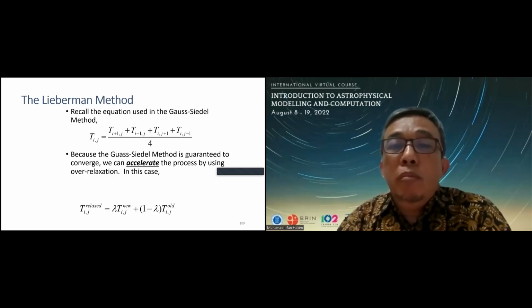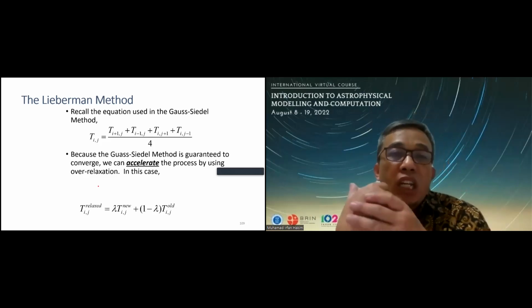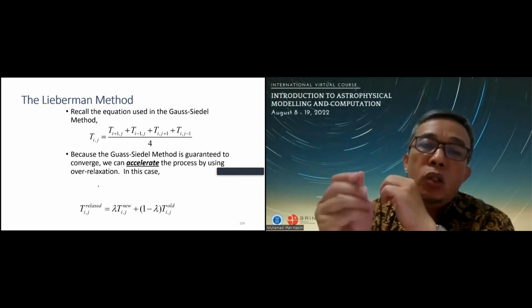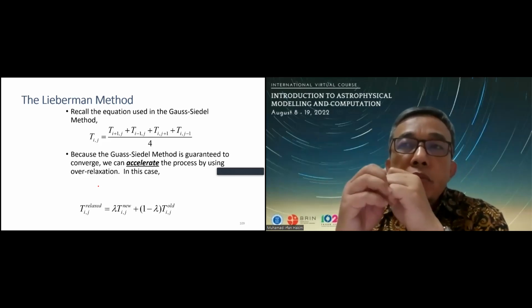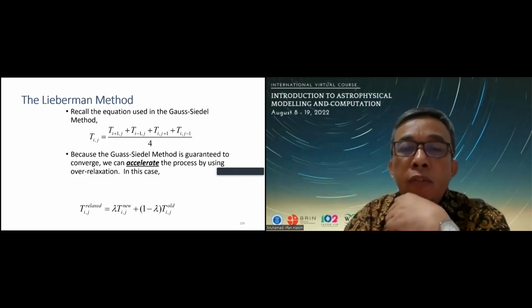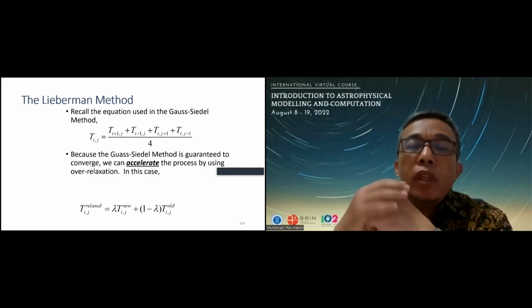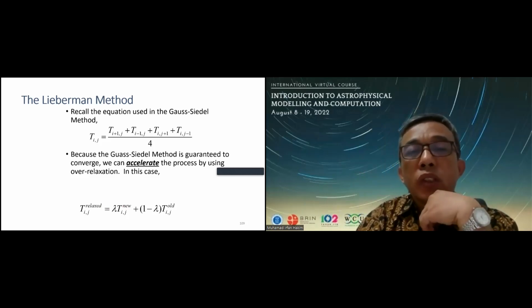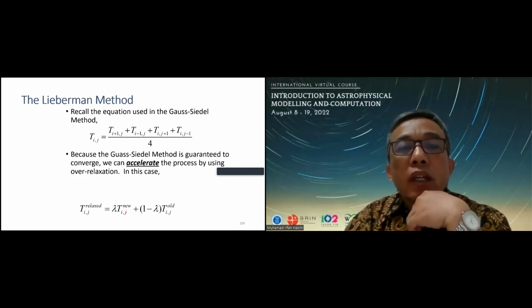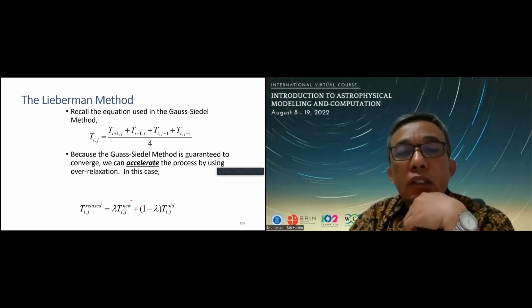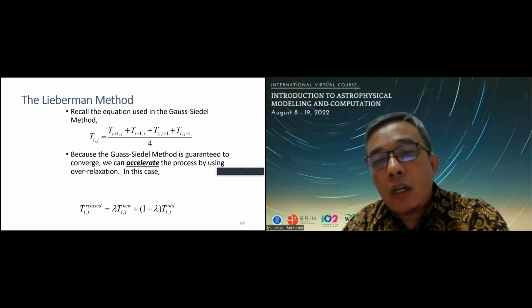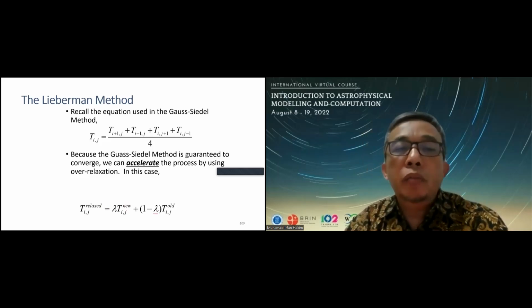For this Liebmann method, we use the concept of relaxation. Once you have one value of the internal node, we keep this value and we calculate another new value, and we use the relaxation with a value of lambda here.